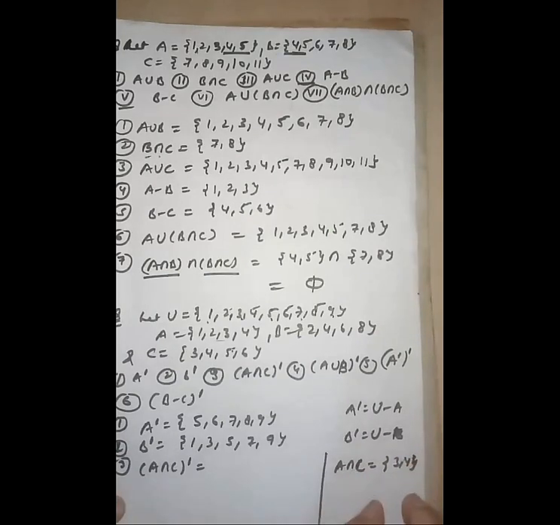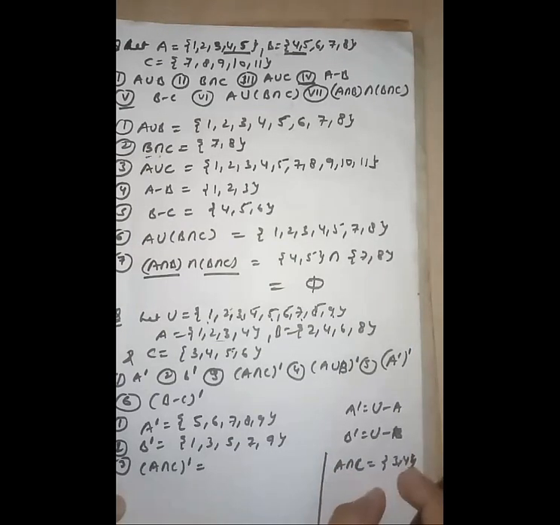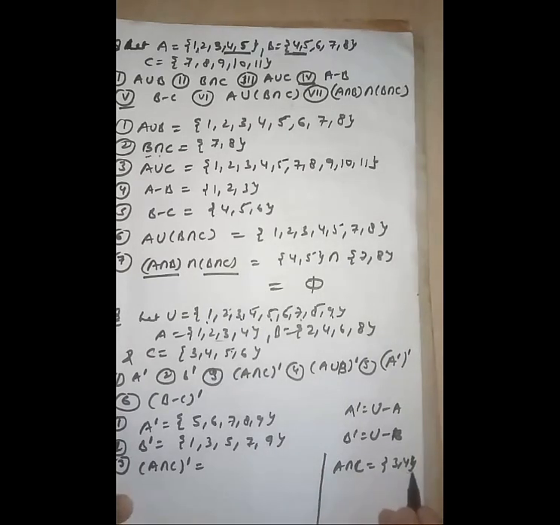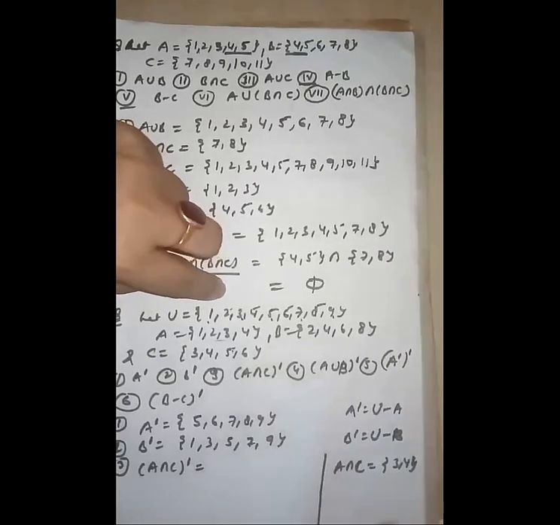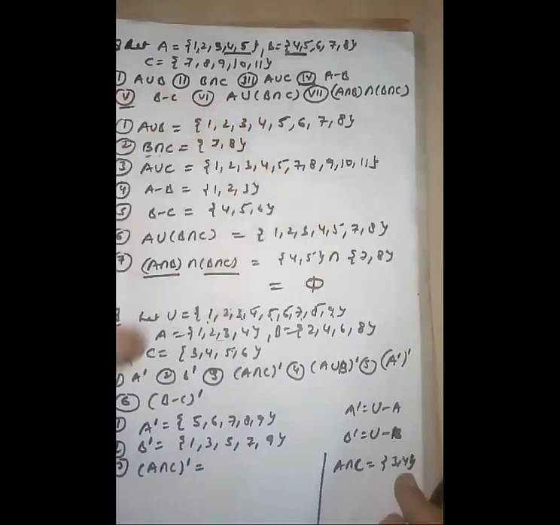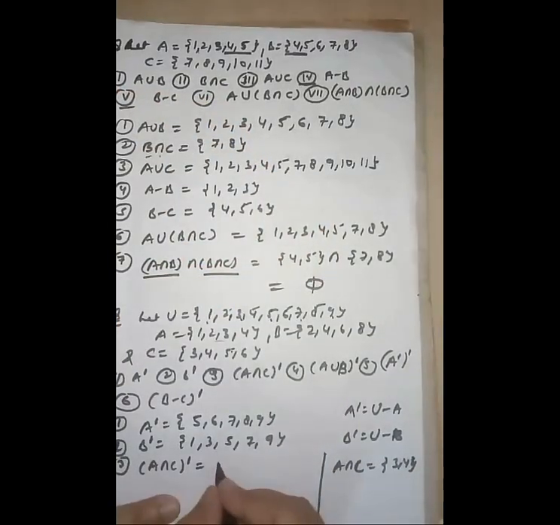Now taking the complement of A intersection C. It means elements which belong to the universal set but not in A intersection C. So don't take the elements 3 and 4; leaving 3 and 4, take all the elements of the universal set.